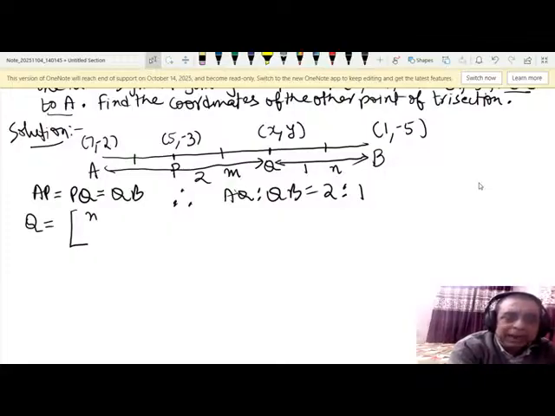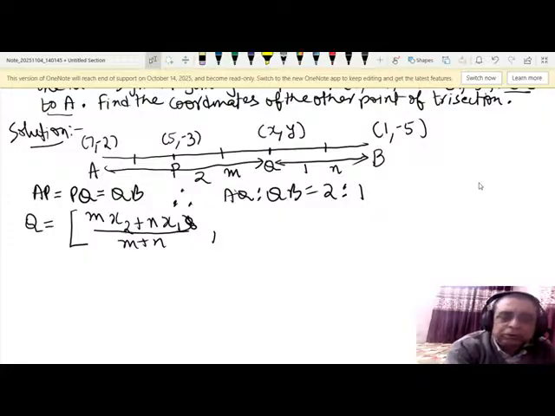The formula is m multiplied with the x coordinate of B, so it is m x2 plus n x1, multiplying n with the x coordinate of A, whole divided by m plus n, comma, and the y coordinate is similarly m y2.